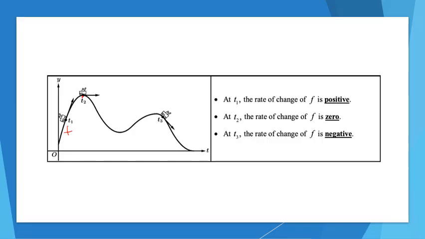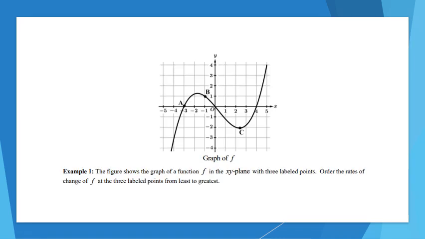At this point right here, T2, it's at the very peak, so this would be 0, and then here, this person's going down, so this would be a negative rate of change. Right, let's get to example 1. The figure shows a graph of the function f with 3 labeled points. Order the rate of change of the 3 points from least to greatest.